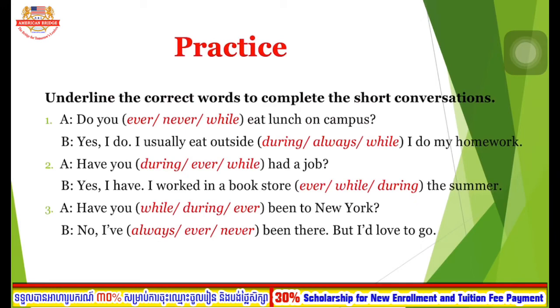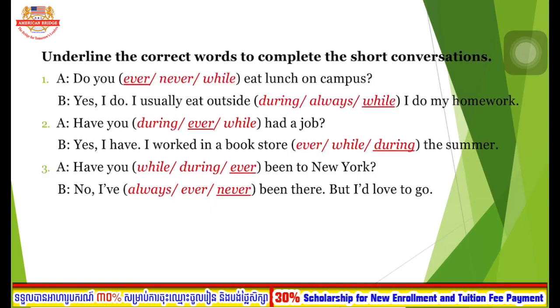Let's pause the video and spend 1 or 2 minutes to underline the correct answers to complete the sentences. Teacher believes that you have paused the video and chosen your own answers already. So let's see the answers together.